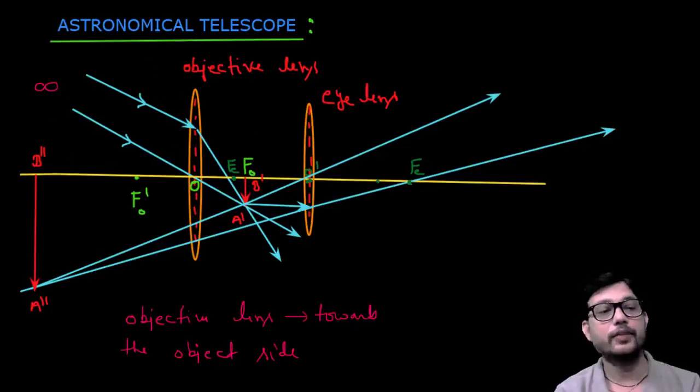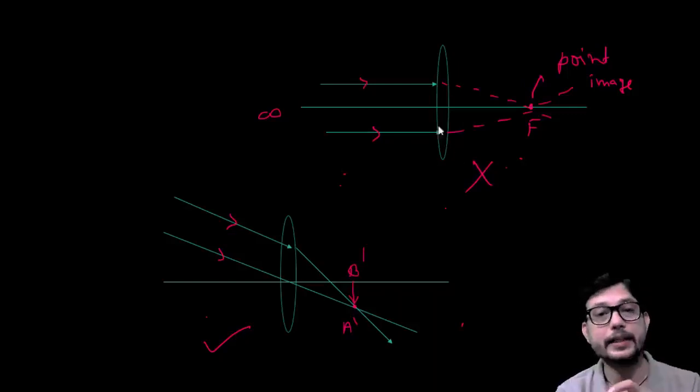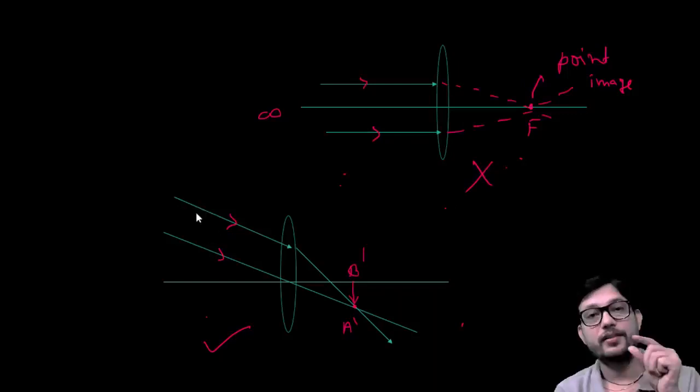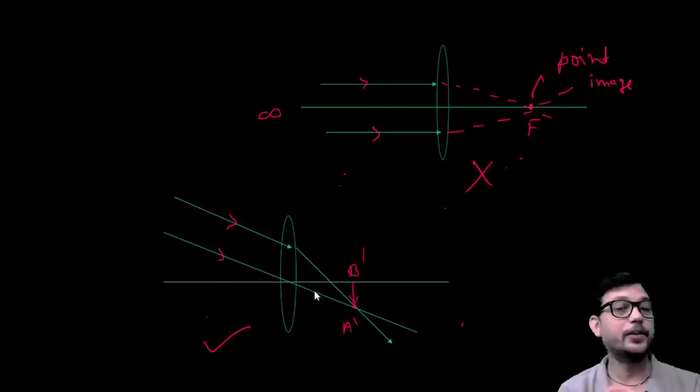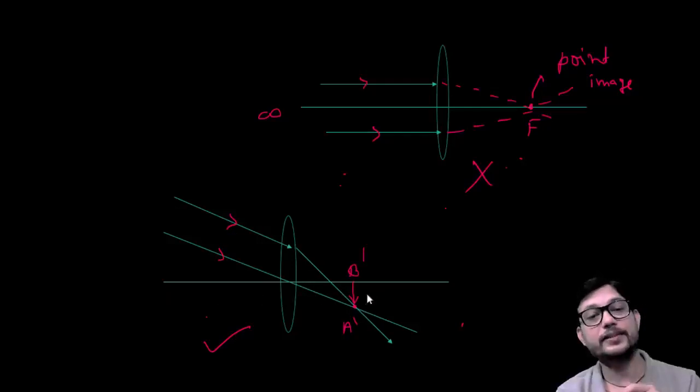So why are we not taking the rays parallel with the principal axis? Because we get a point image, and a point image is very difficult to magnify. That's why we are taking rays which are not parallel to the principal axis, so that we get a definite height of image of the object, and this can be easily magnified.